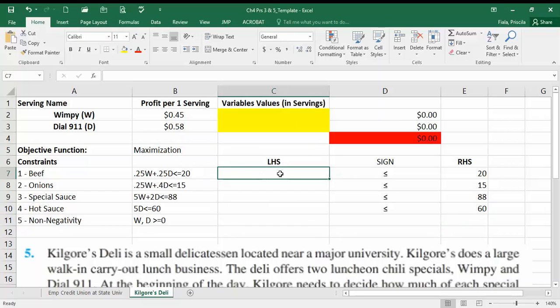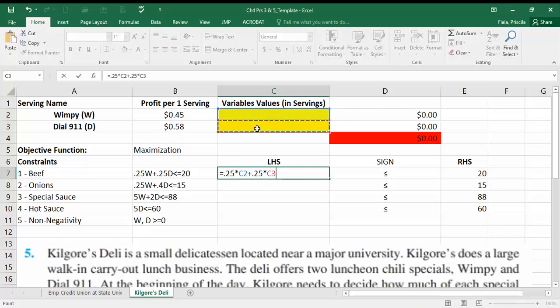So let's go ahead now and work with this left hand side. What are you going to do? You have 0.25 of W. So really it's a formula: equals 0.25 times my Wimpy variable plus 0.25 times my Dial 911 variable.